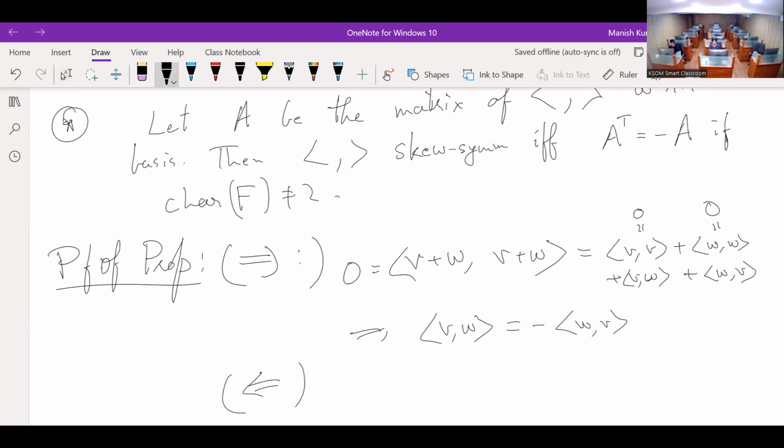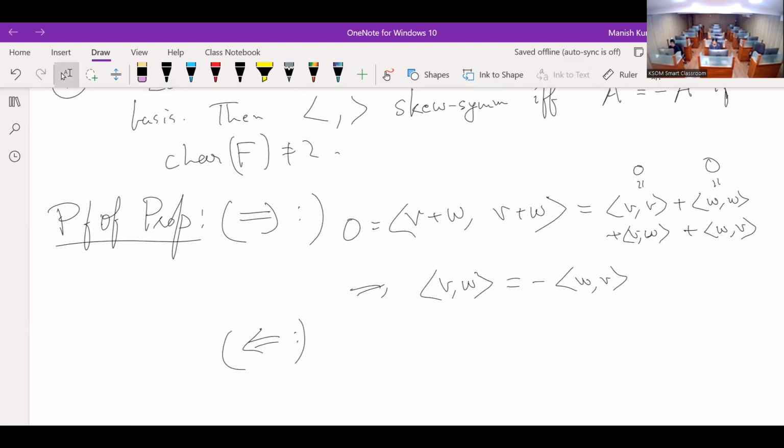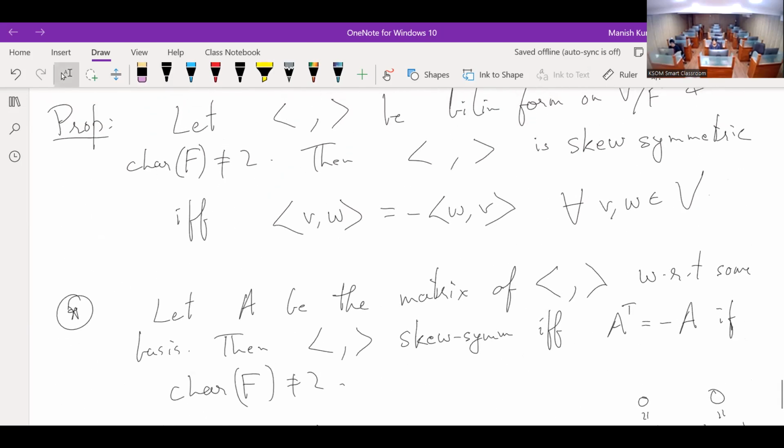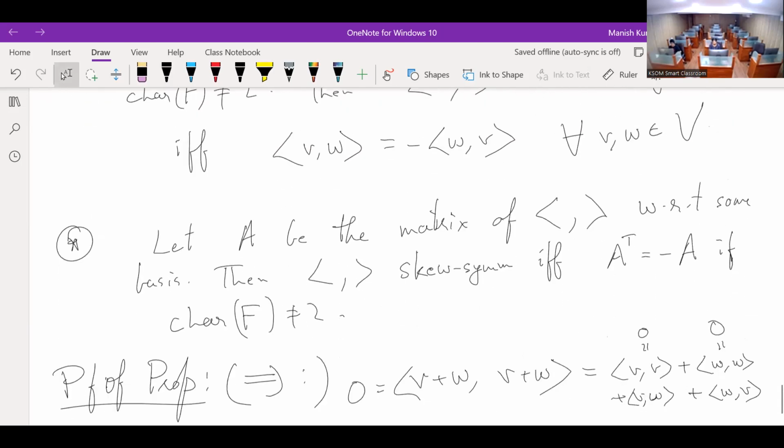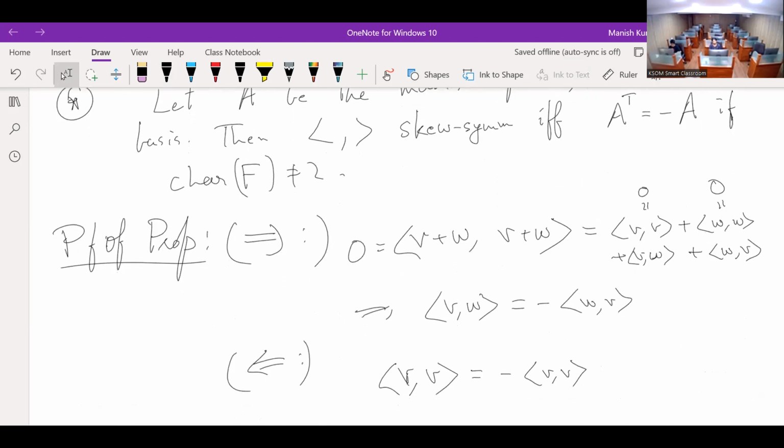For the backward implication, you look at the same thing. We want to show that if the characteristic is different from 2, then (v, v) is always 0. Well, (v, v) is the same as minus (v, v), if you assume that (v, w) is the same as minus (w, v) and you take w to be v.